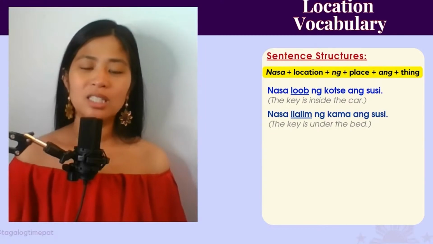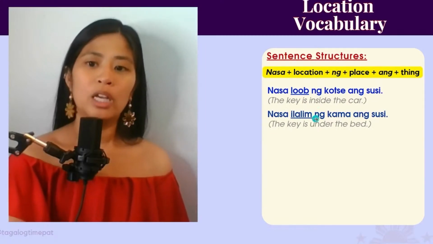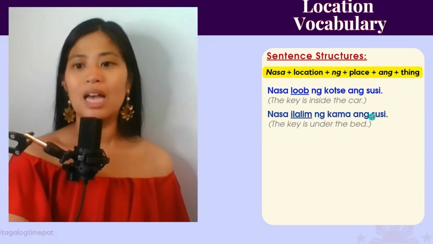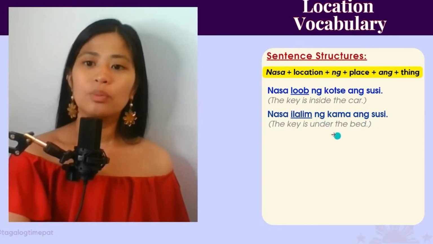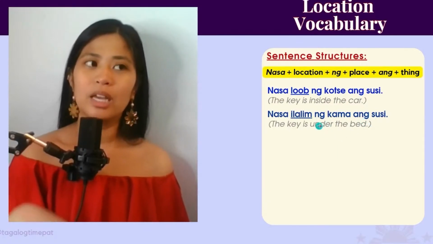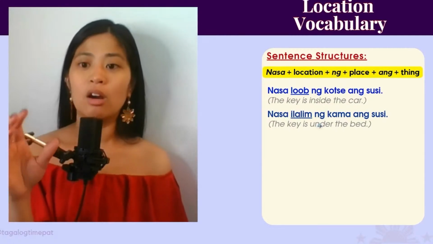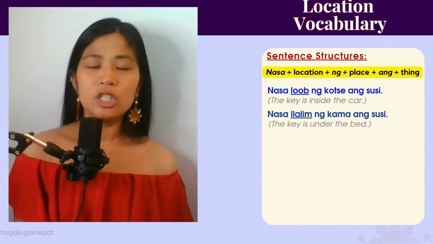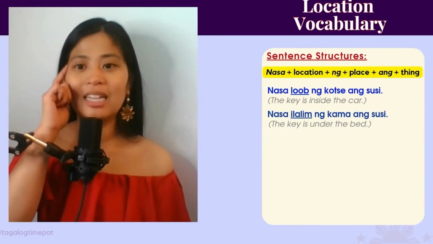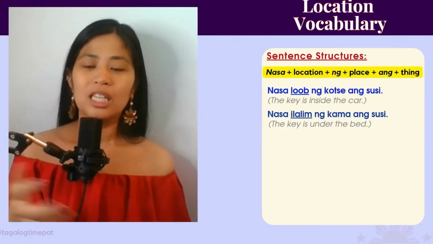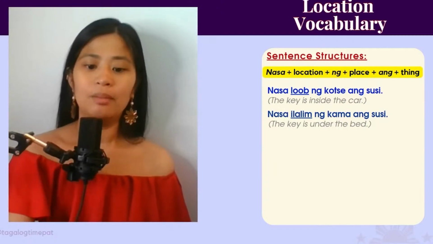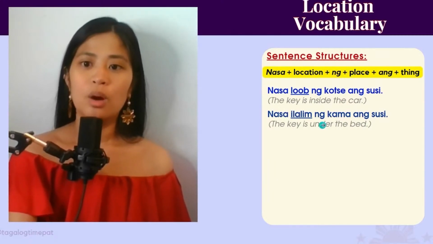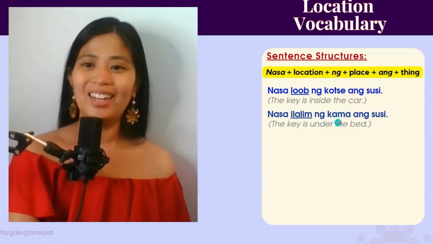So people ask me all the time, when do I use nang? When do I use ang? So these words, sometimes they are prepositions, sometimes they are articles that go before a noun. Just try to think about it as the translation. So the key is under the bed. So under of the bed, the key.